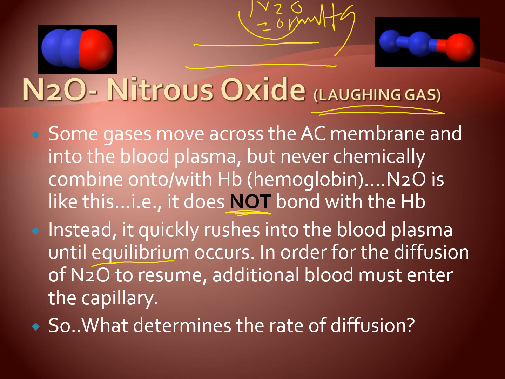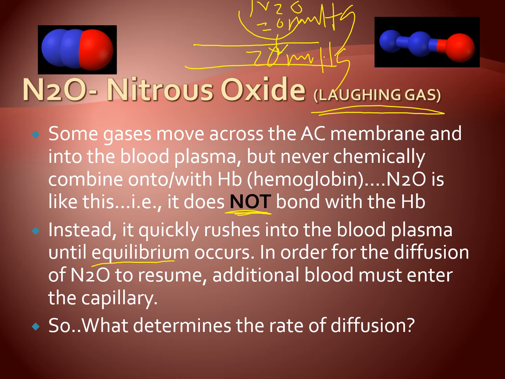So this is going to continue to diffuse into the plasma until the plasma reaches 20 millimeters of mercury. Once it reaches equilibrium, there's no pressure gradient. It's going to stop diffusing once it reaches that equilibrium.